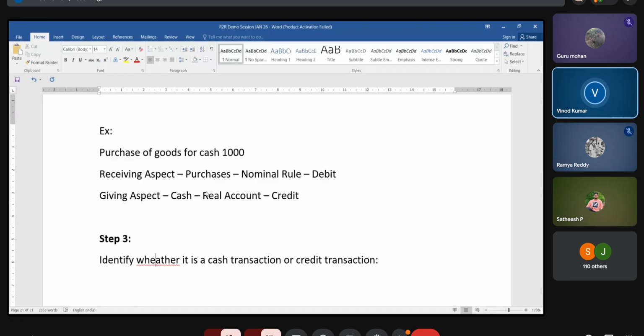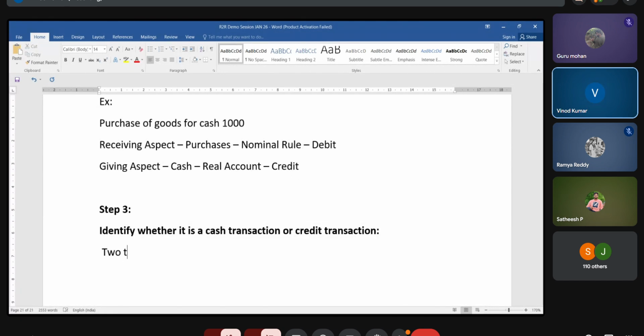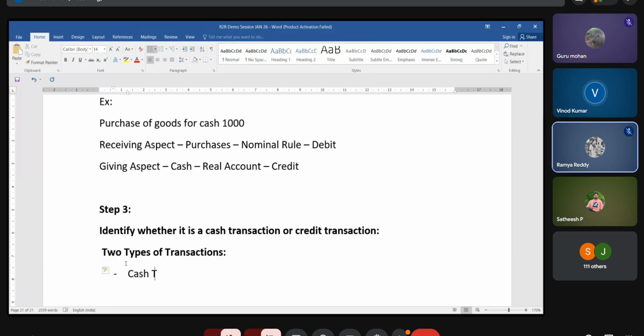So what are the types of transactions we have? Two types of transactions in general. So what are those? The first type of transaction is cash transaction.